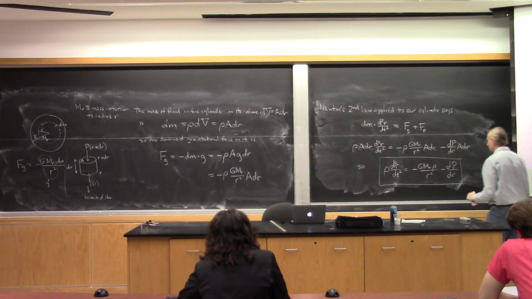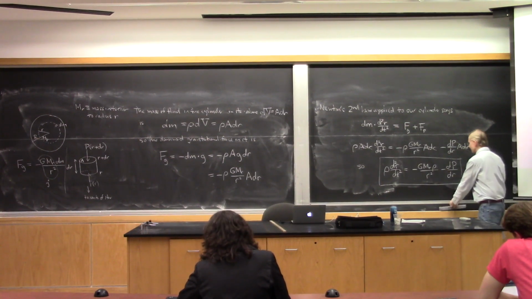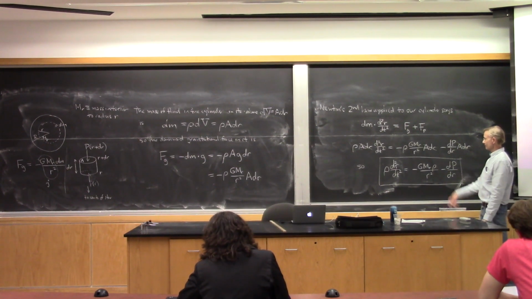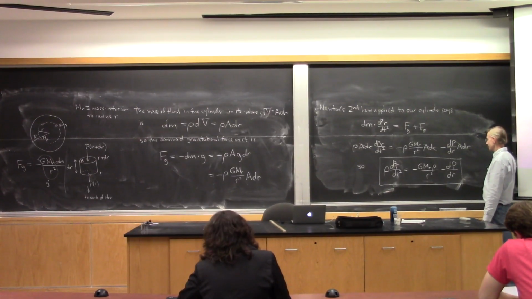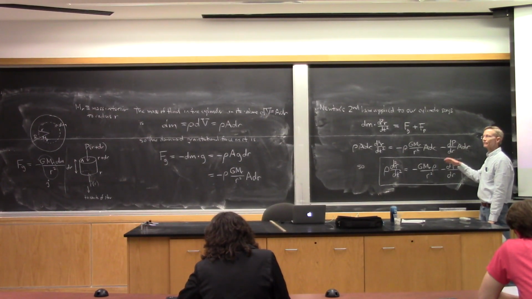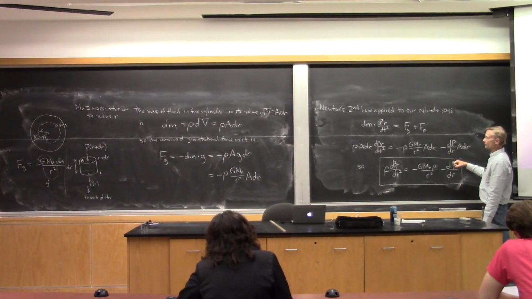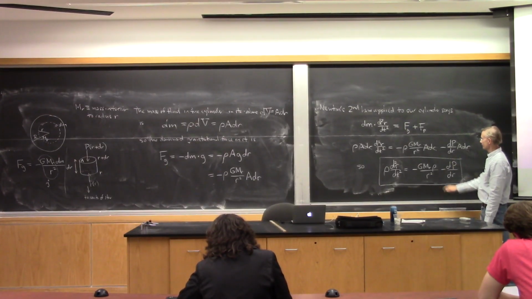That's Newton's second law applied to our little cylinder. The minus dp dr is the upward pressure force, because dp dr is negative: as r increases, p decreases.